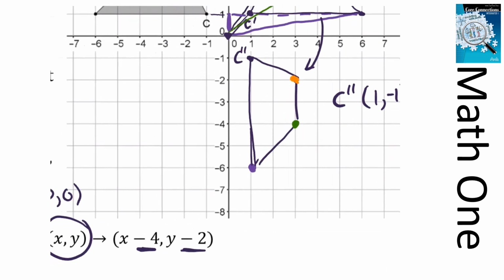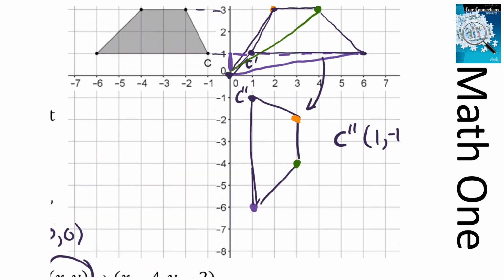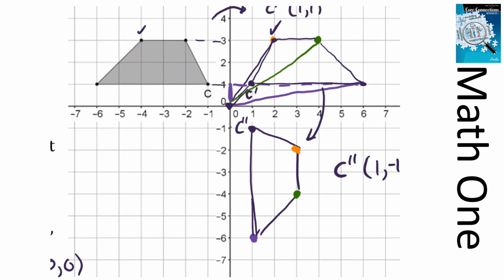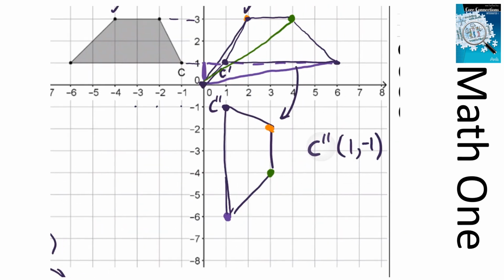So if I'm here, and I'll do this one with black, I'm going to subtract 4 from the x, and when I subtract 4 from x, it goes back 1, 2, 3, 4, and then it says to subtract 2 from the y. So I'm going to go down 1, 2 for y. So this is that point after the transformation. I'll do the same thing with the point that I've marked in orange.